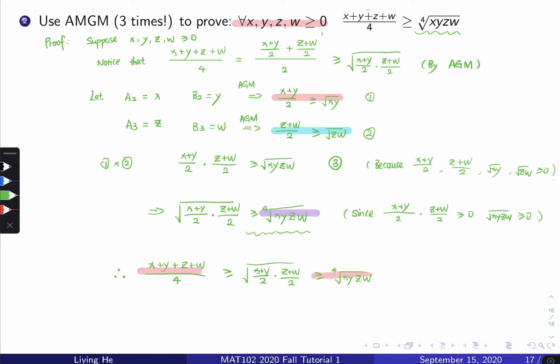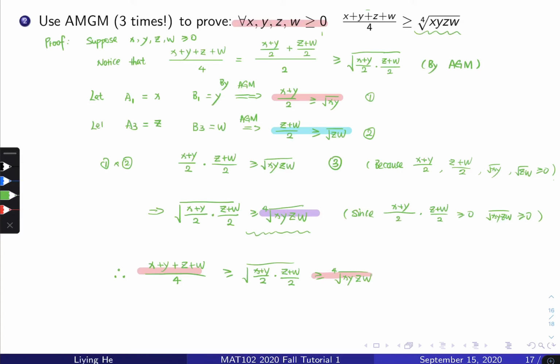Let A1 equal to x, B1 equal to y. By AGM, we have this, okay?